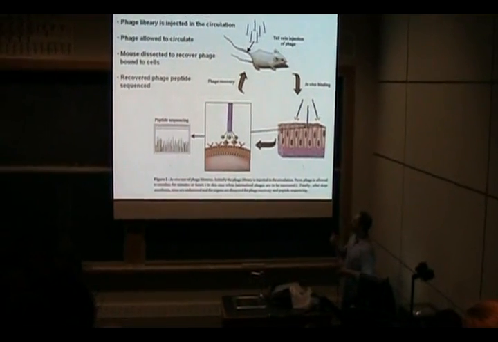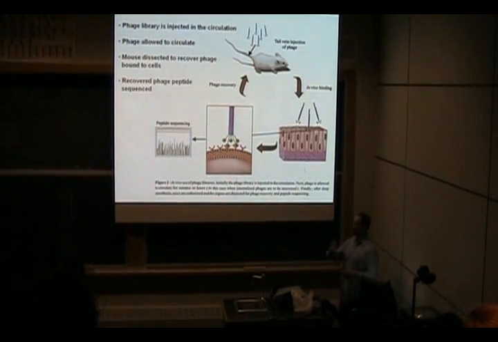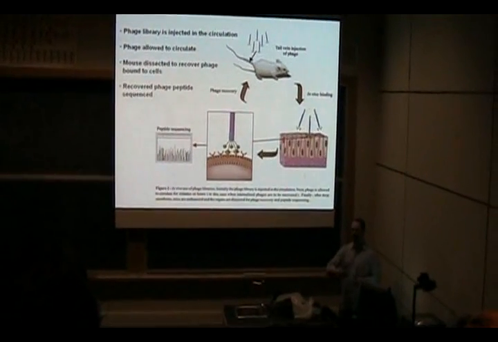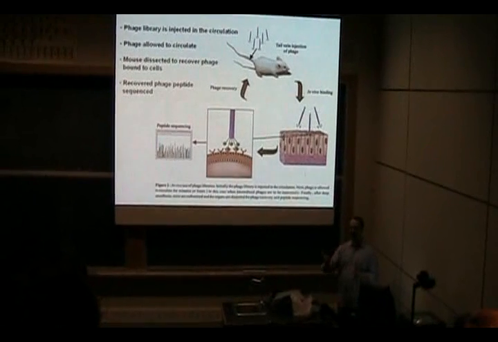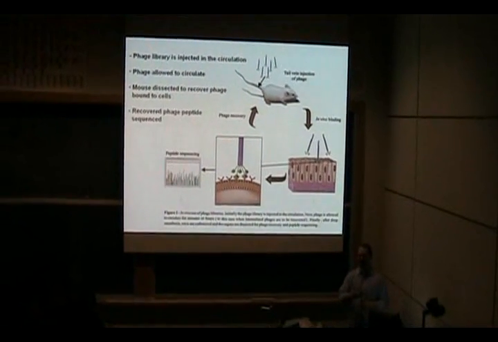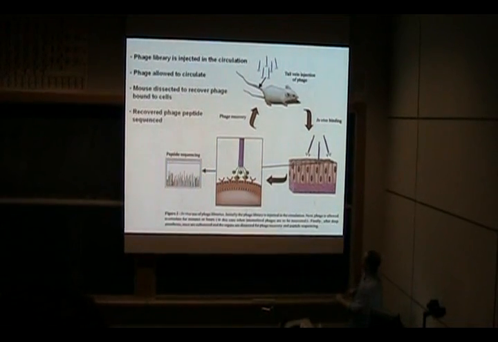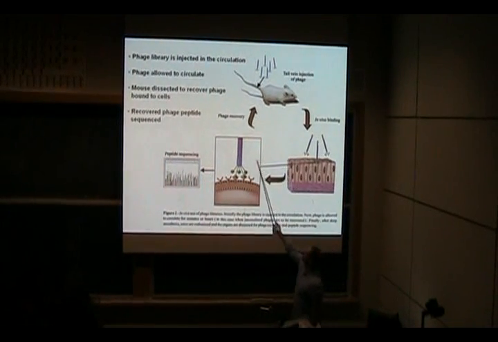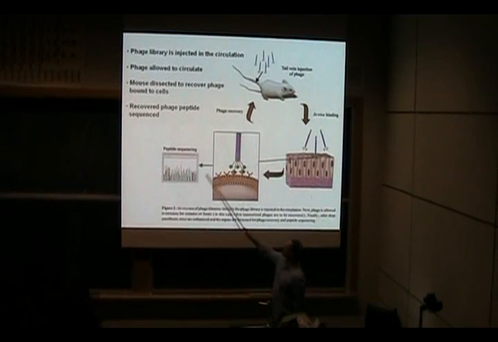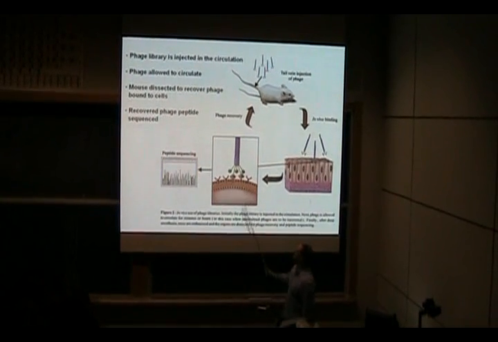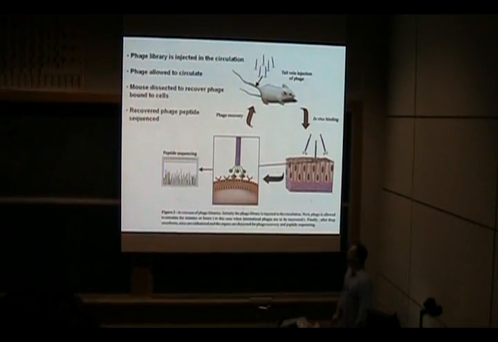So in that way, you can see what types of cells are binding to what types of peptides. Once you can get the phage, you can see what those peptide sequences are that were binding to the cells.